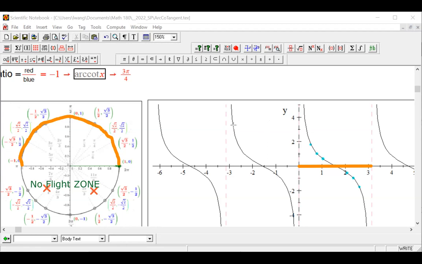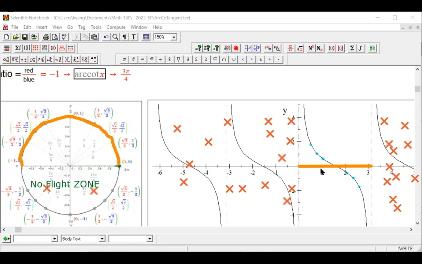So as a result, all of these are chopped off, and all of these are chopped. And whatever is left, only this slice, from 0 to pi, not including 0 and not including pi, is a piece that passes the horizontal line test.